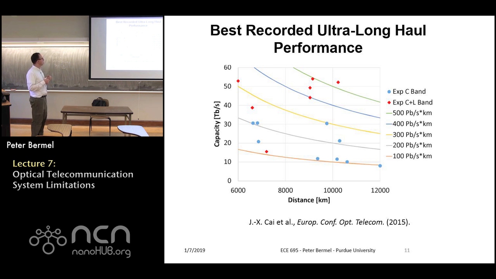And obviously there are many other tricks that they played in this experiment. I haven't talked about all of them explicitly, but part of it is they're doing multiple wavelengths and multiple channels, and they're using fancy encoding algorithms, which we'll talk about later.